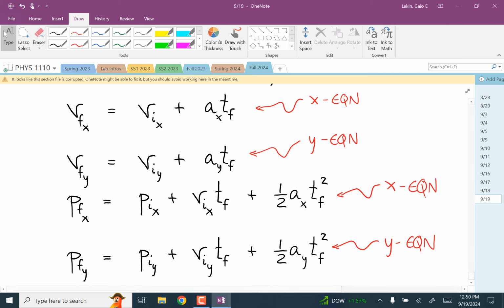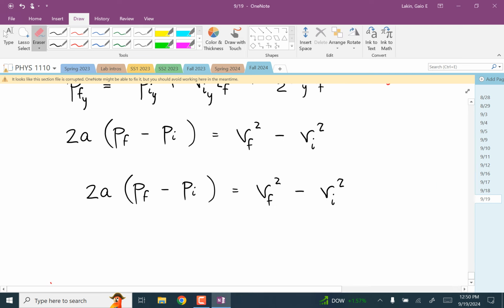And then with the last two, same thing. So 2a X component times the quantity PFX minus PIX is equal to VFX squared minus VIX squared.